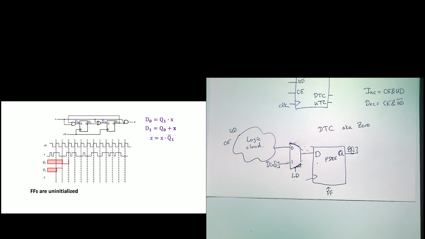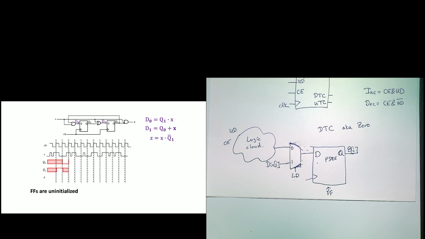How many people think it's 0? How many people think it's 1? How many people don't know? Some people are still thinking. Okay. We know X is 0, and we know Q0 is unknown. So we have unknown ORed with 0. Unknown.